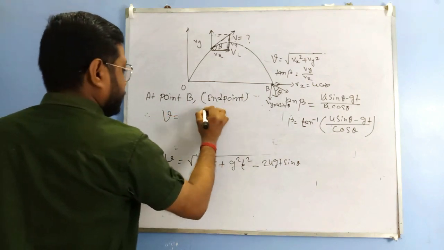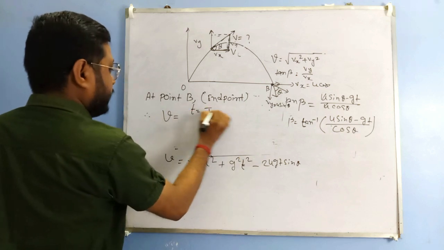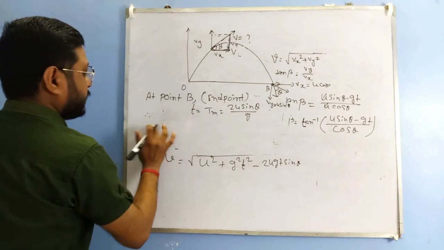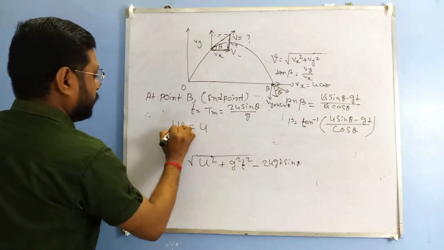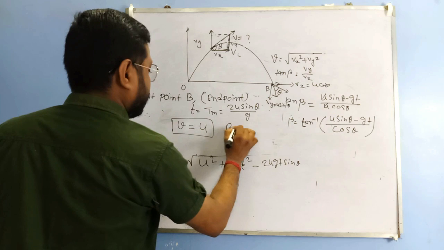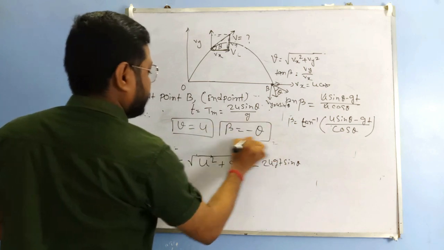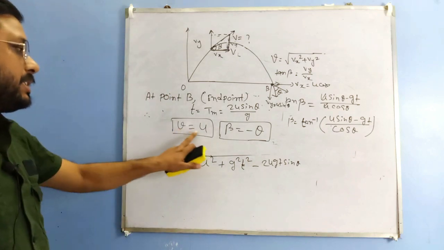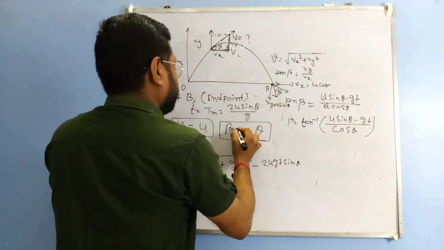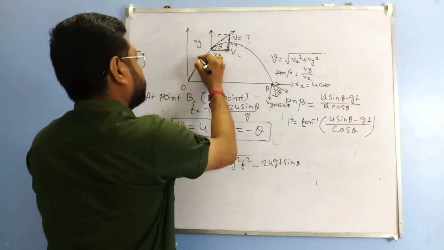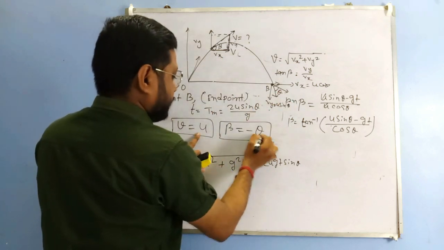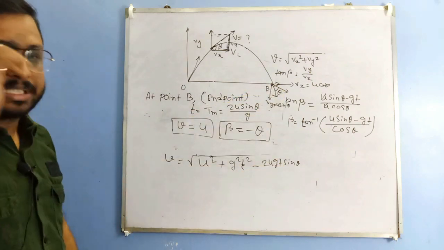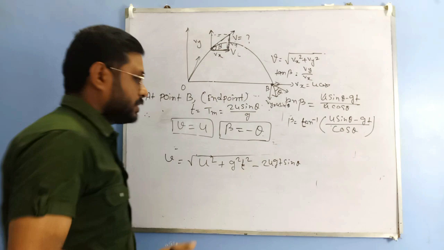If we take t equal to Tm equal to twice u sin theta by g, then we get the velocity V becomes u and beta becomes minus theta. Do it yourself. Beta equal to minus theta, velocity is u, and beta equal to minus theta means the direction is opposite. Here the direction is upward and here the direction is downward, and the particle returns with the initial speed at the same angle. This is the beauty of projectile motion.